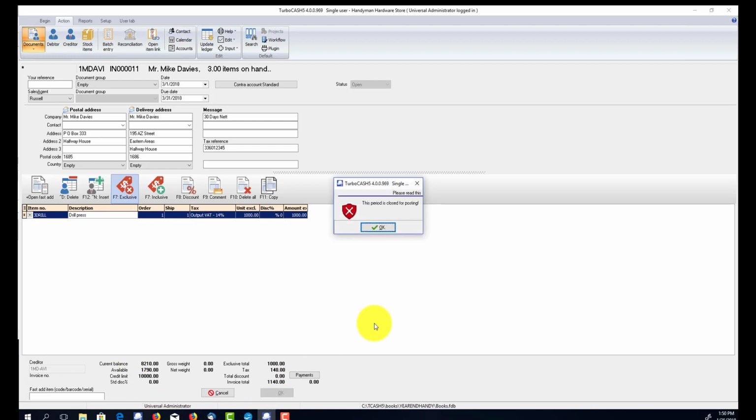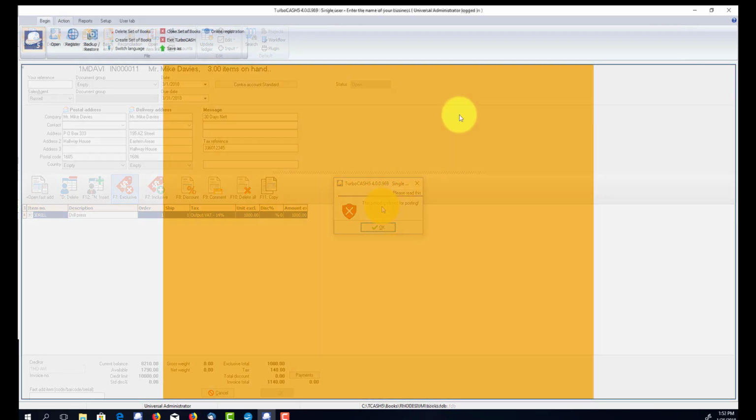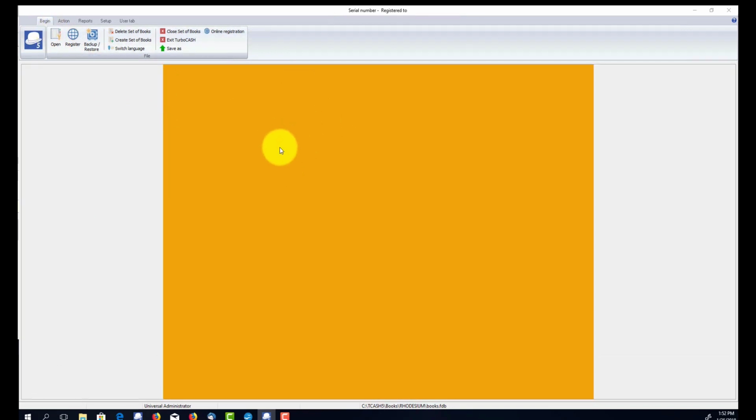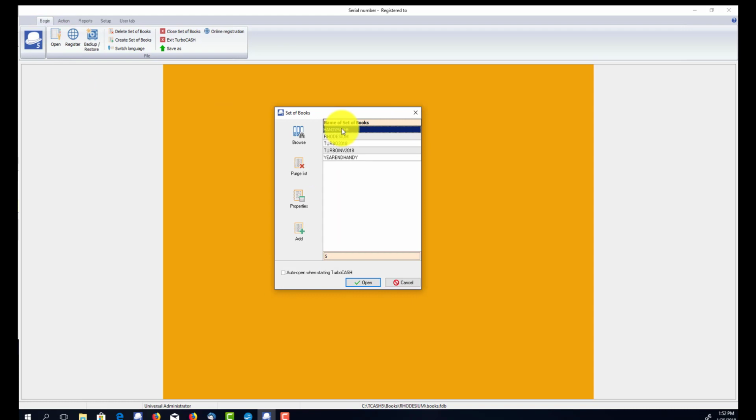Okay, and it tells me this error, the period is closed for posting. And that's right, because my year end is the 28th of February. I'm trying to make an invoice in the 1st of March. So for example, now I have my set of books handyman up to the 28th of February.